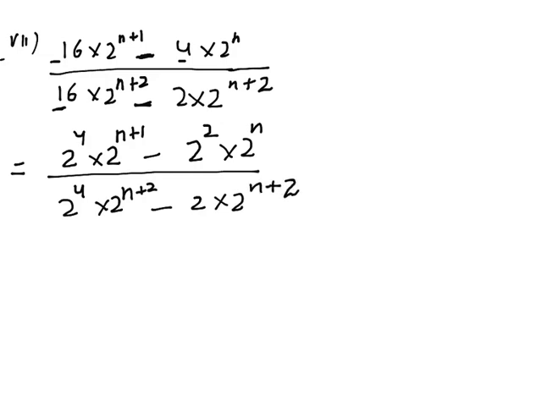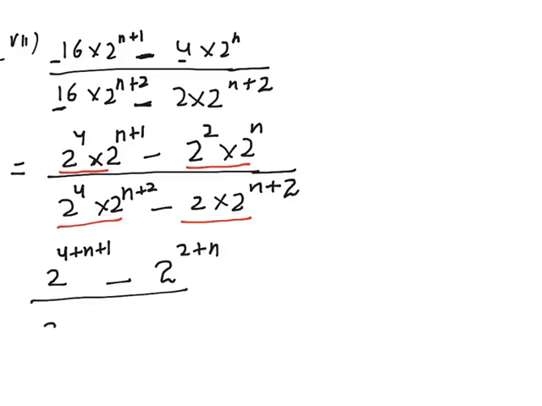Now we will apply the law: bases are the same, so the exponents will get added. We will add the exponents term by term, not all the terms at once. So what we will get? 2 raised to the power 4 plus n plus 1, minus 2 raised to the power 2 plus n, and in the denominator we will have 2 raised to the power 4 plus n plus 2, minus 2 raised to the power 1 plus n plus 2.